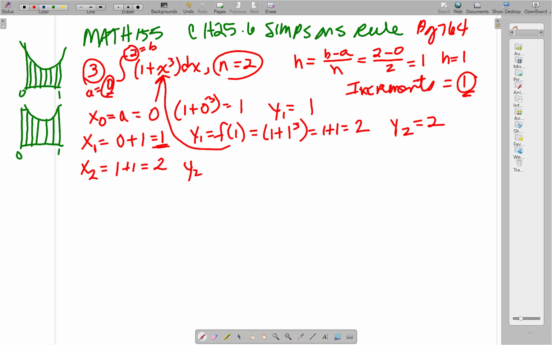Now let's find y sub 2, which is the same as finding f of 2. Substituting 2 into that function, we get 1 plus 2 cubed, which is 1 plus 8, which equals 9. So y sub 2 equals 9.